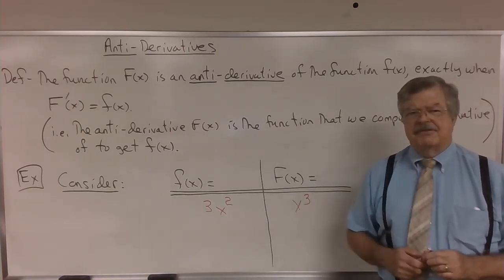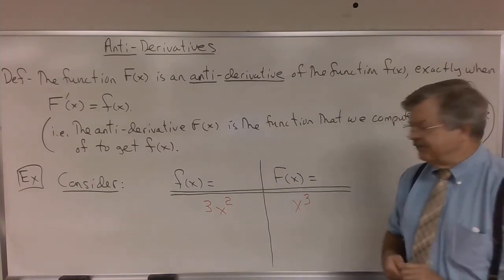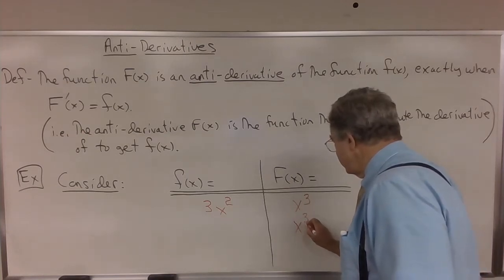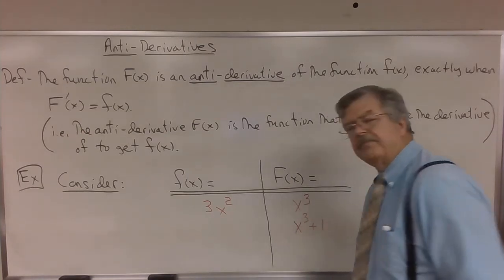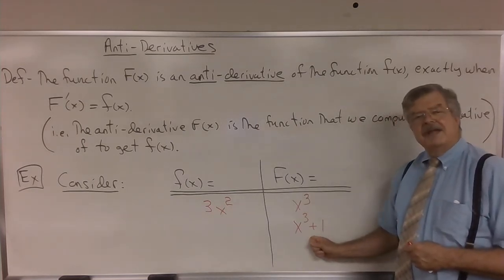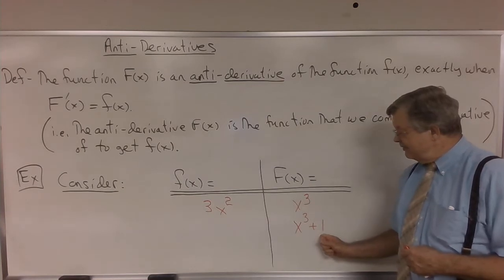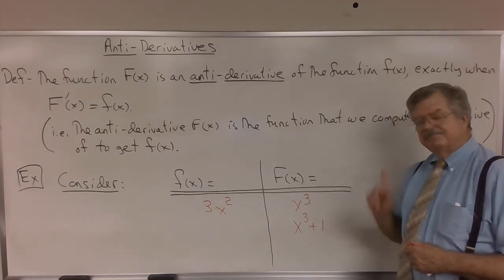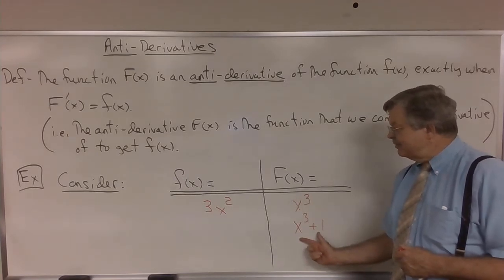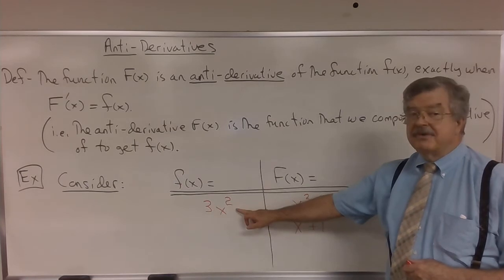But let me ask you something. Can I do this? What about that? Could I say that capital F of x equals x cubed plus 1 is the antiderivative of 3x squared?